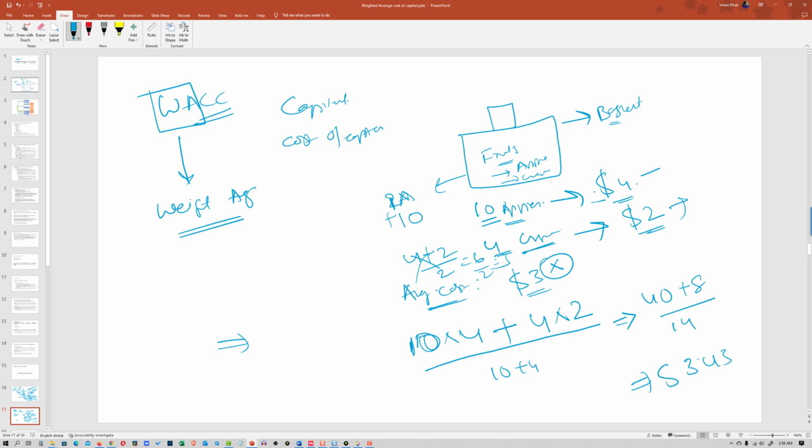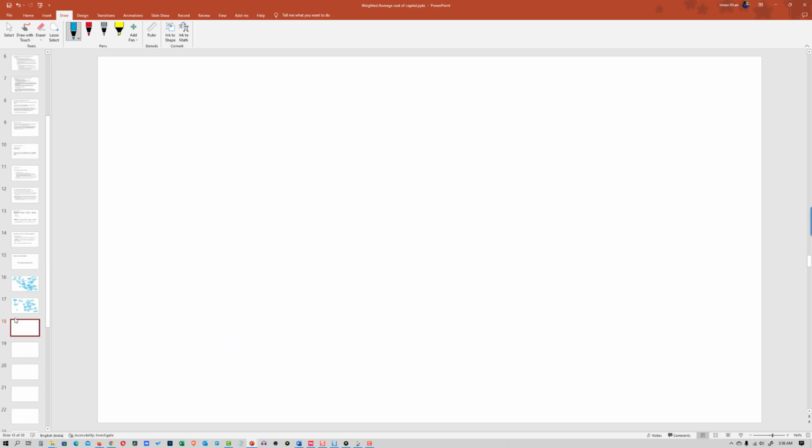So the cost of each fruit in my basket is going to be $3.43. I can compute the same number in a different way. What I've just done is I've taken 10 apples times $4 plus 4 oranges times $2, divided by 14, which is 10 apples plus 4 oranges, right? I can simplify this math.